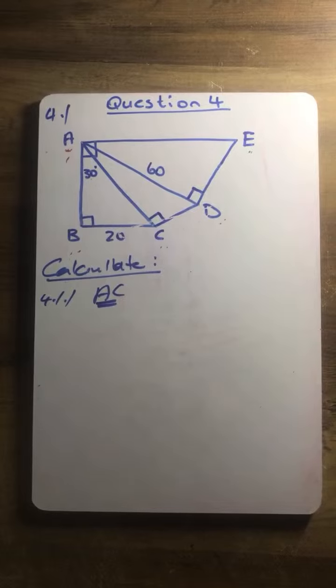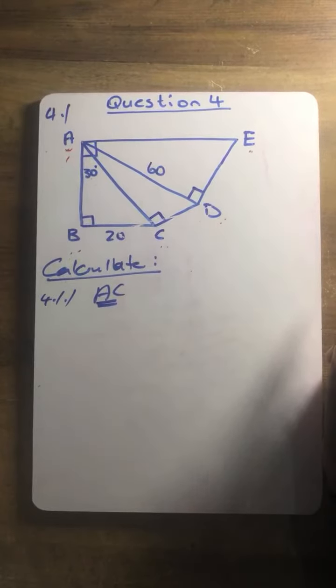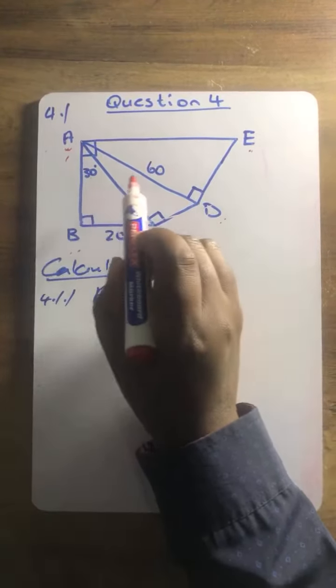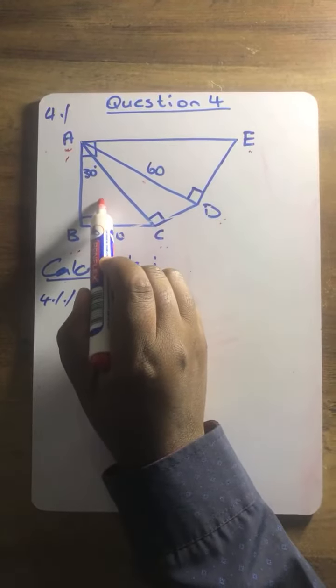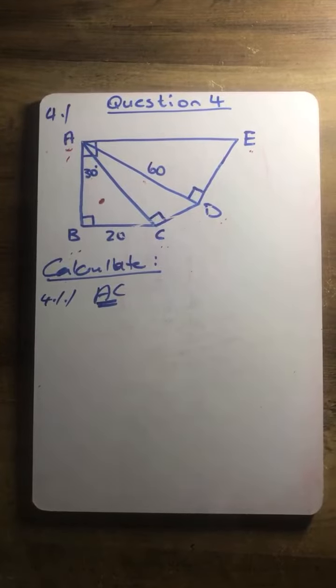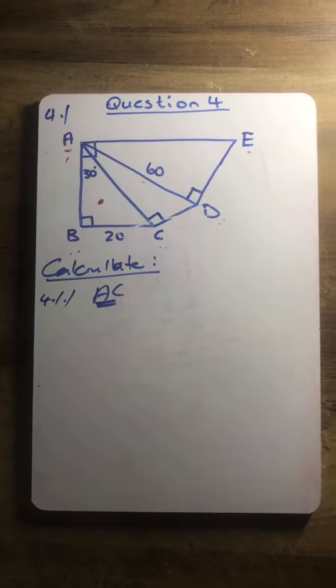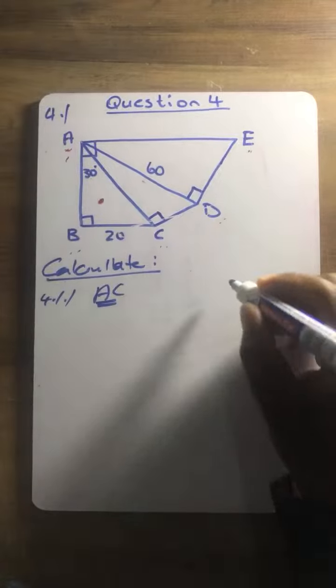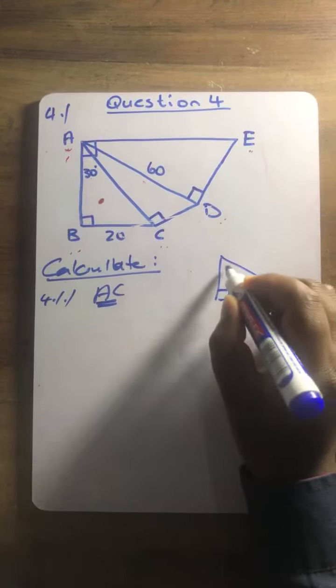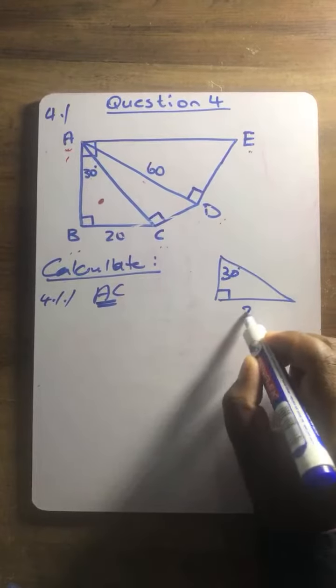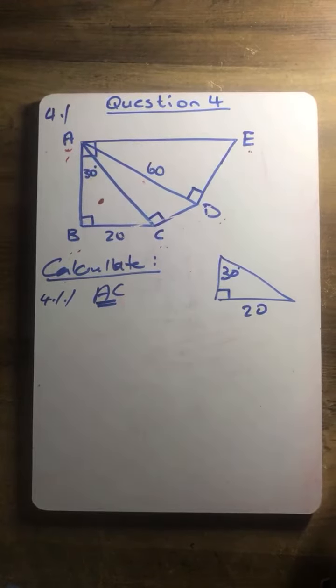It's connected to this triangle and that triangle. But this is the triangle that has enough information. That is why you will need to use that triangle. So that triangle, this is how it looks like. You have 30 degrees there, you have 20 there.